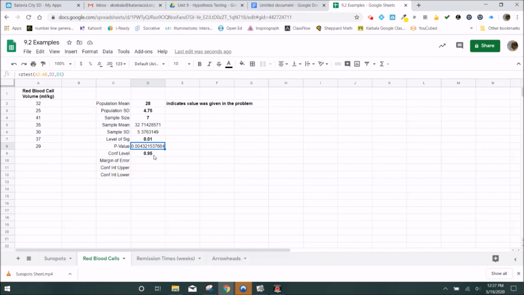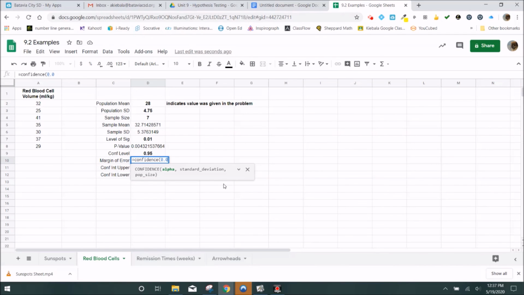It then goes on to ask us for a 95% confidence interval. So confidence level is 0.95. So we're going to calculate the margin of error using equals confidence. And just like I mentioned before, this alpha is actually referencing the confidence level, actually 1 minus the confidence level as a decimal.